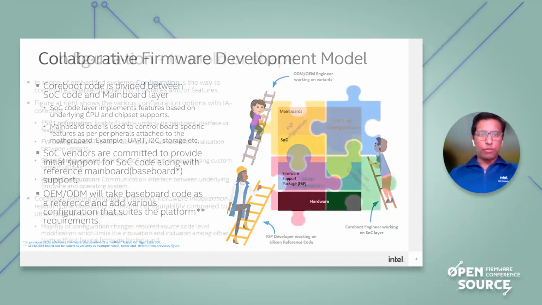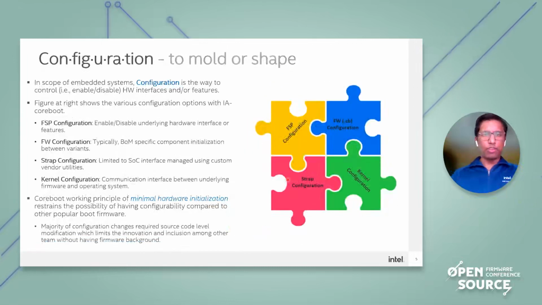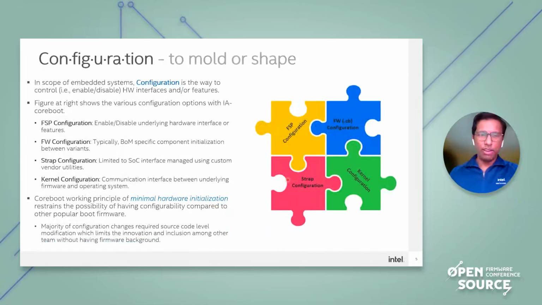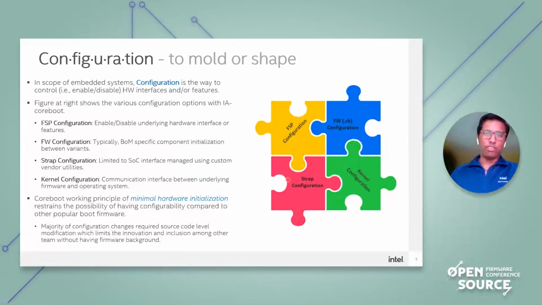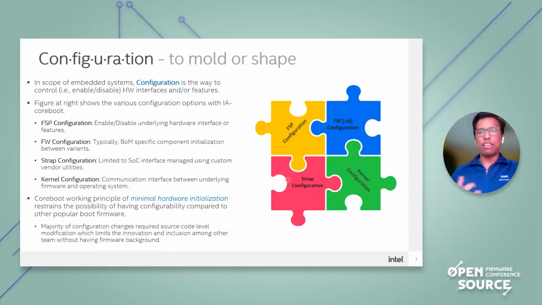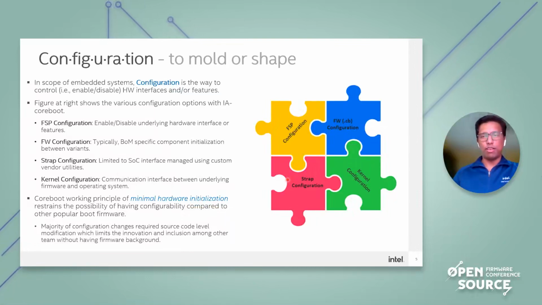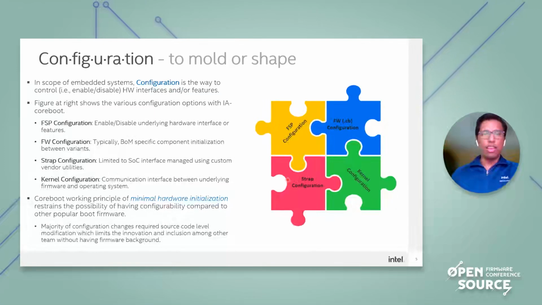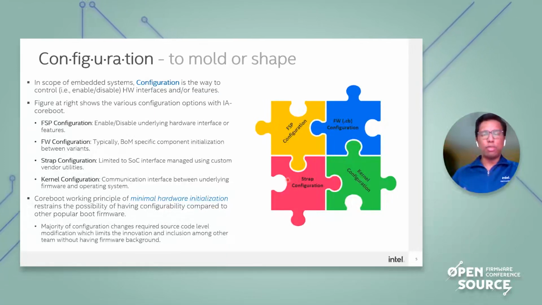So with that, I think we are heading towards the configuration requirement. As the term configuration suggests, it is basically meant to create something shape, right? And in the embedded world, the shape means shaping our schematics into multiple schematics.